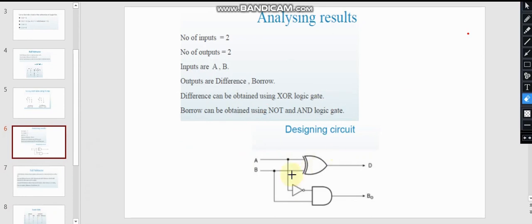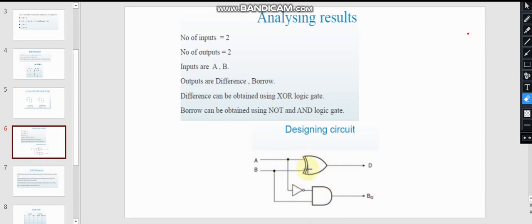Here the difference can be described by the exclusive OR gate, whereas the borrow is the product of the complement of A into B. So by an AND gate, we will make the input the complement of A and B, and it will give the borrow.